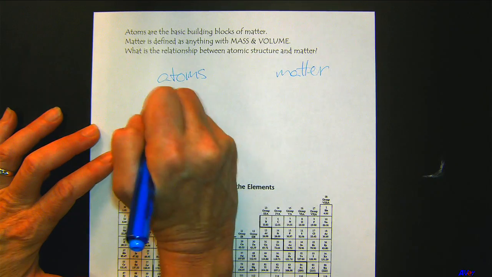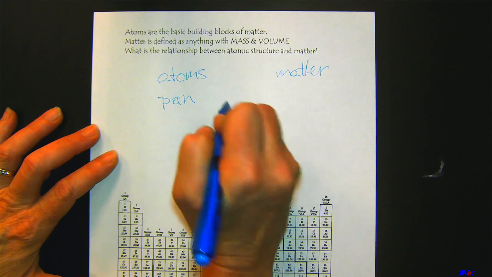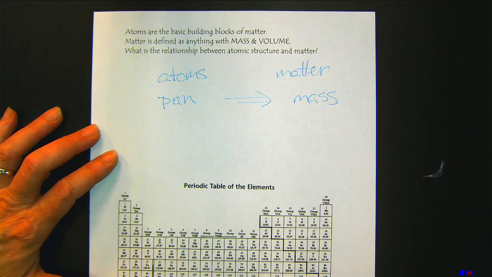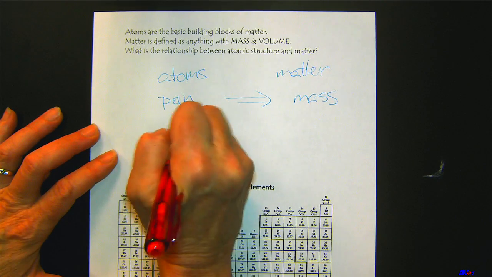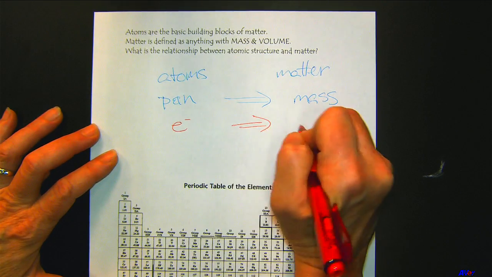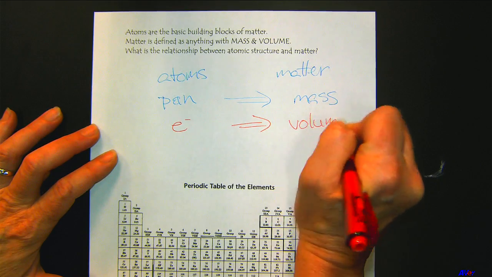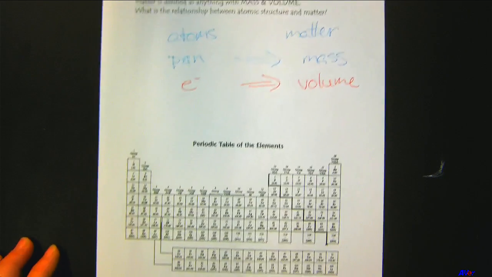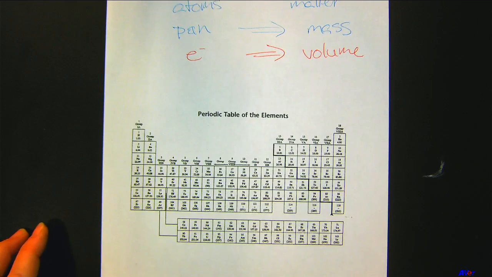It's the protons and neutrons in the atoms that create the mass of matter, and the electrons create the volume of matter because the electrons create the volume of each atom. So now let's look at how this information is communicated to us on the periodic table.